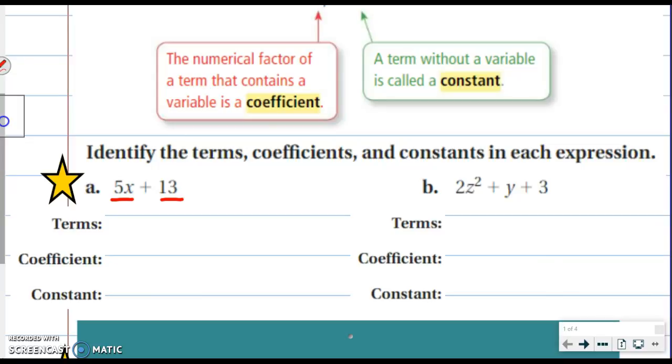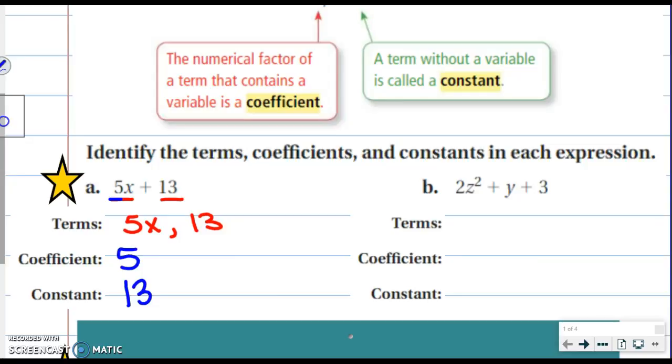So I have two terms here, 5x and 13, and I will separate these with a comma. My coefficient is going to be the numerical factor of a term because it contains a variable. So 5 is my coefficient, and 13 is my constant because it is a term without a variable.